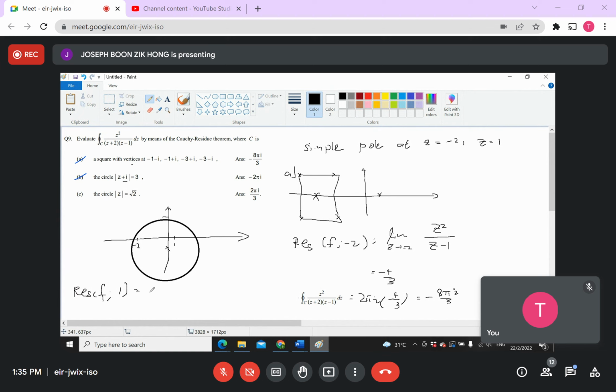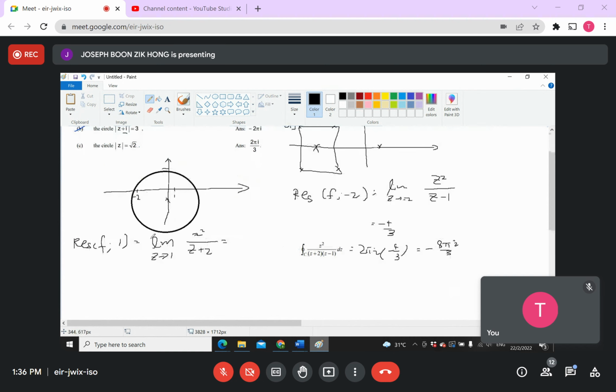So it will become limit of z approaching 1, and then z square divided by, because z minus 1 and z minus 1 cancel each other, so left z plus 2. Okay, let me think. We'll try to see whether negative 2 is inside or not.